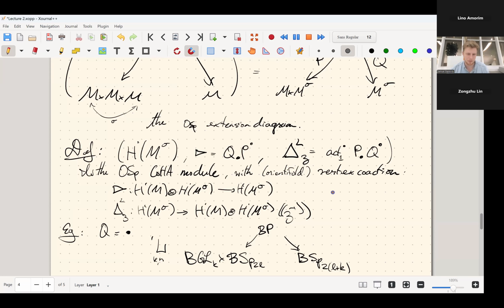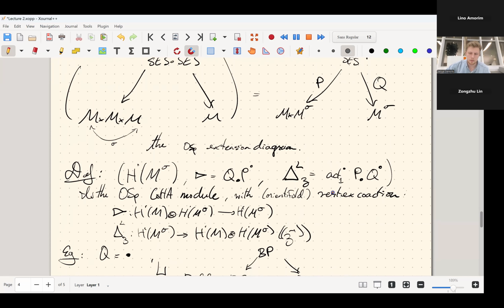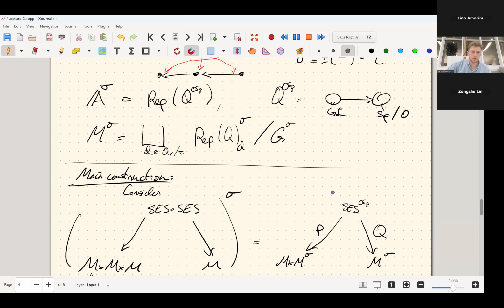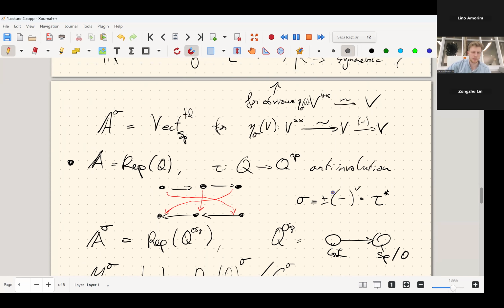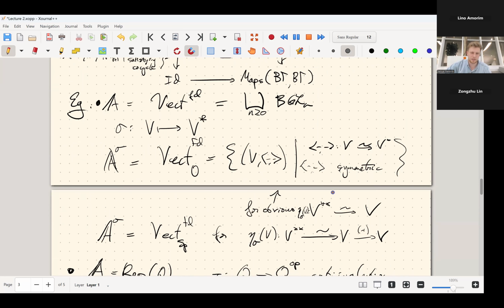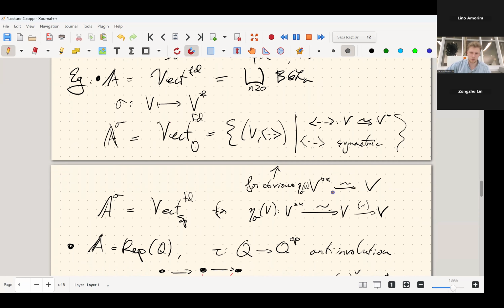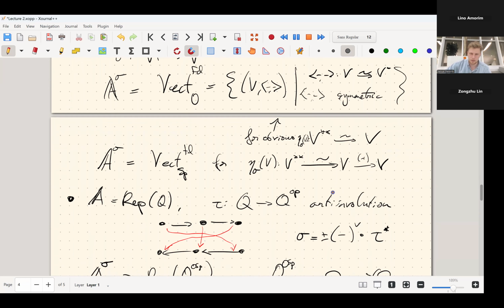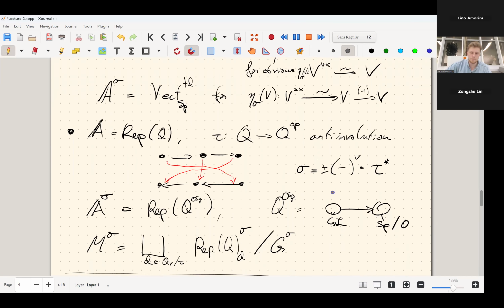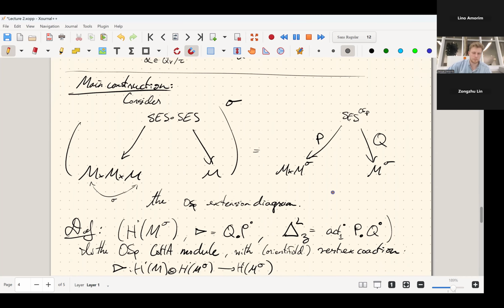But there is a map. There's a forgetful map. I see. So each time one has to choose a specific isomorphism. Yeah, there's a choice. So for example, for vector spaces, it's not just a vector space which is isomorphic to its dual. Under some isomorphism, it's the choice of the orthogonal form. Choice of that isomorphism. Yeah. Okay. So yeah, it's not a subfunctor.